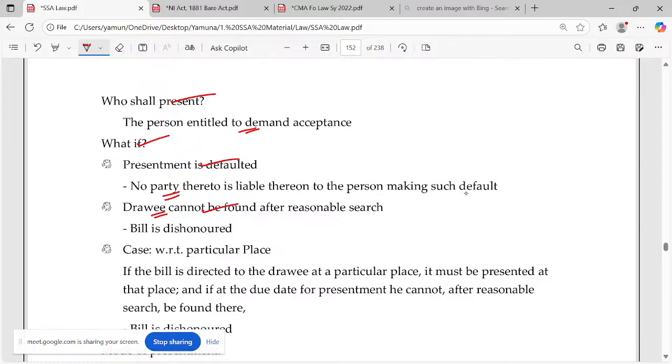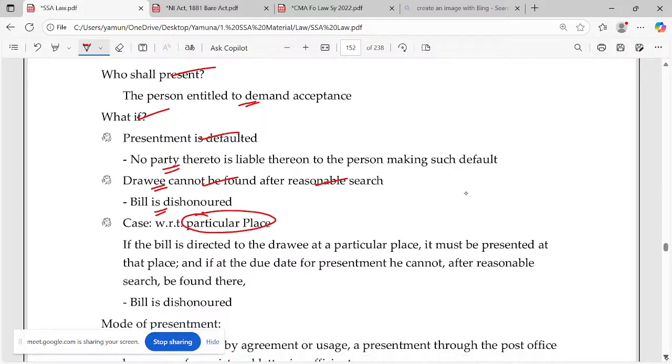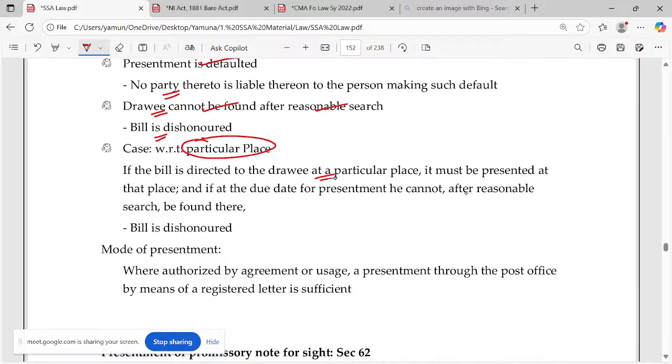Drawee யாருன்னு find பண்ண முடியல even after reasonable search, then it becomes dishonoured. Not cheque, we are talking about bill of exchange. If any particular place is mentioned, which means in the particular place மட்டும் தான் நீங்க இது present பண்ண முடியும். It must be presented at that place only. சும்மா வாய் வார்த்தைகள்லாம் இல்லை, solid words will be included.